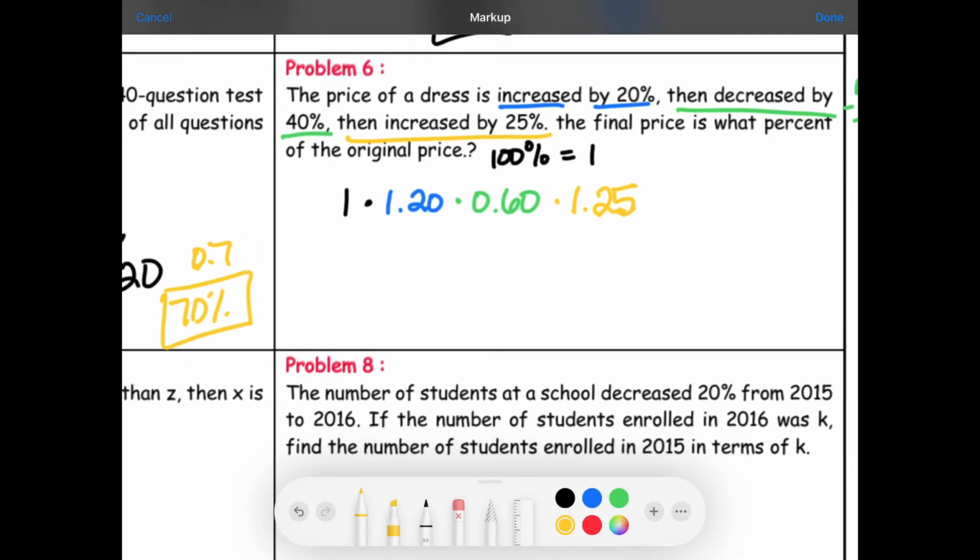So if we just go ahead and multiply all these across, 1 times 1.2 times 0.6 times 1.25, we end up with, who knows? I must be taking a while here. 0.9, is that it? So that would be 90% of the original price.